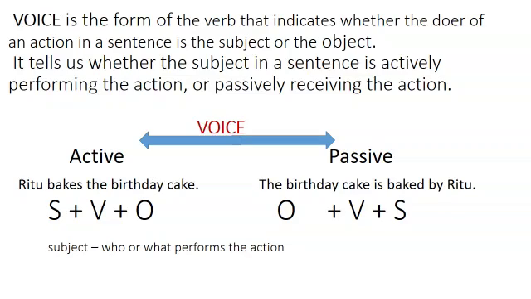So in the first sentence, Ritu bakes the birthday cake, where the structure is subject plus verb plus object, is an active voice.